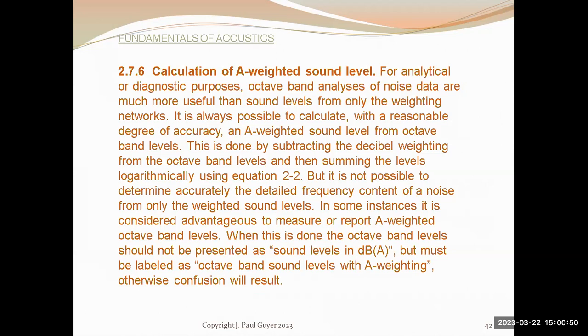Now, there are two kinds of sampling going on here. One is the rate at which the sound level meter samples the sound. And then there is the frequency with which you, as the person taking the measurements, sample the meter.